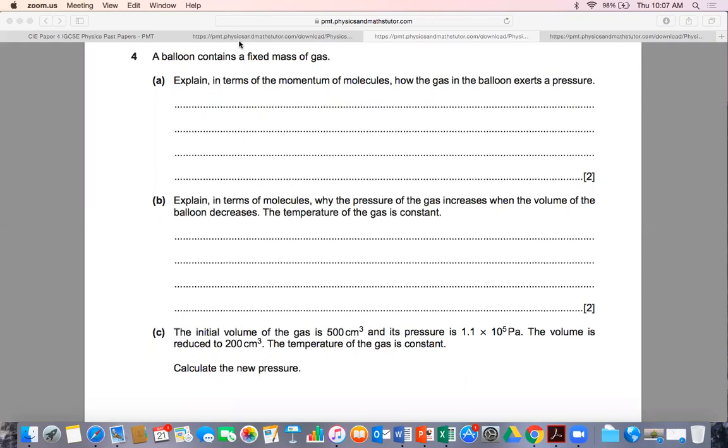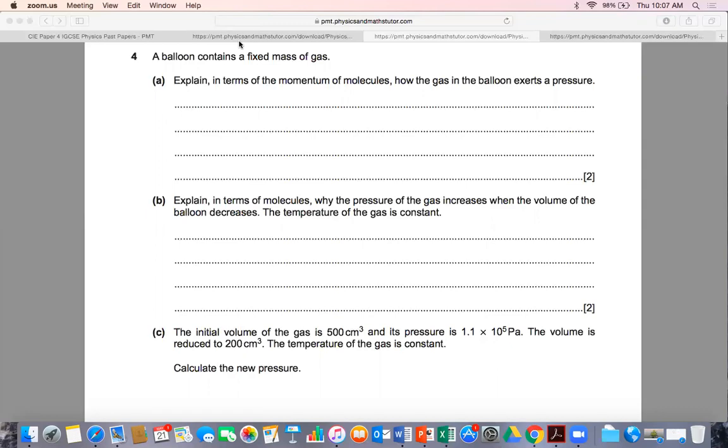This causes the pressure of the gas to increase.